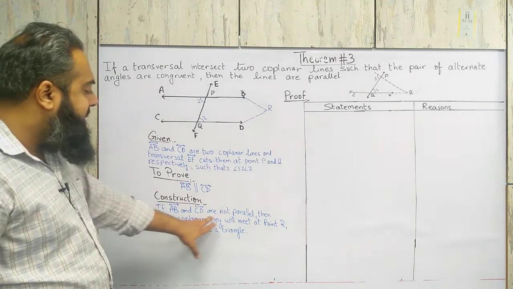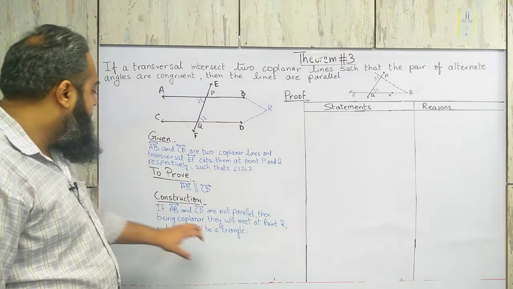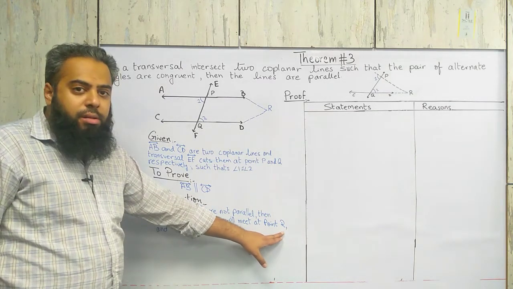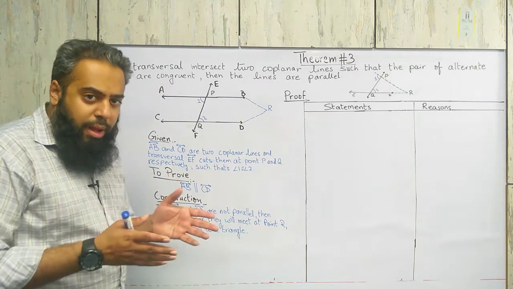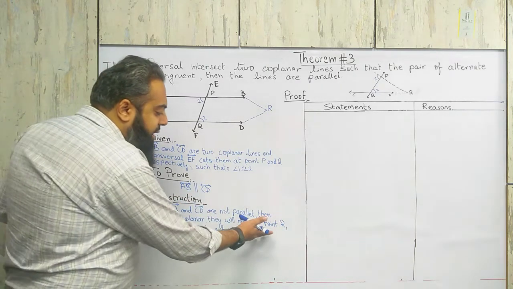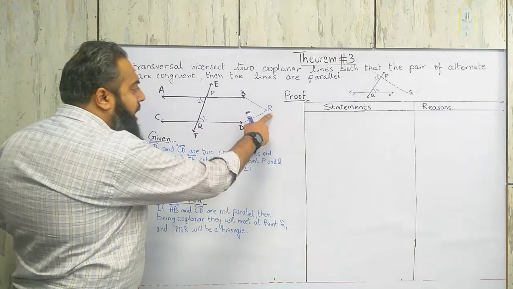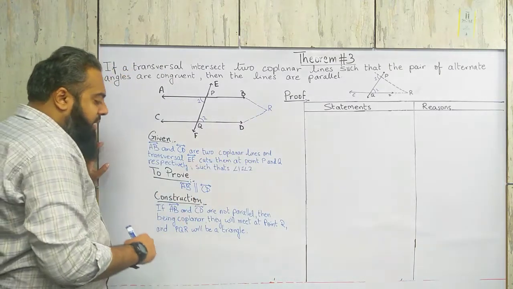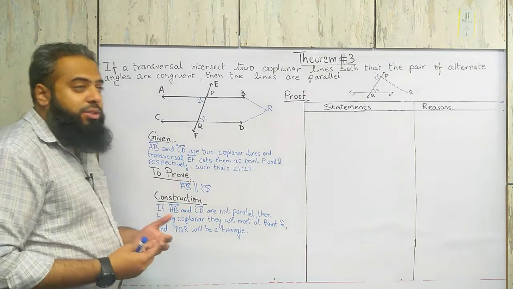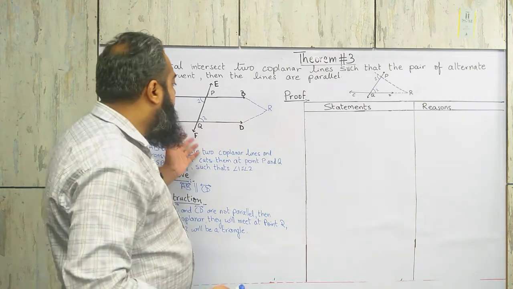If AB and CD are not parallel, then being coplanar they will meet at a point R. If the two lines are not parallel, they will intersect at a point. Let's say that point is R, and PQR will be a triangle. And if it is true, what could our figure look like?